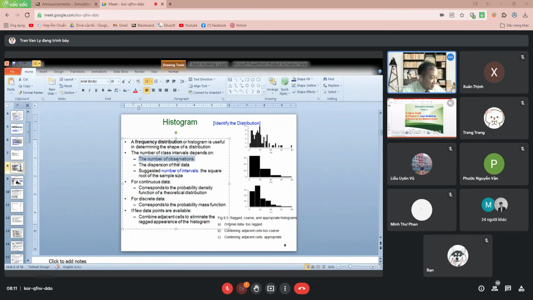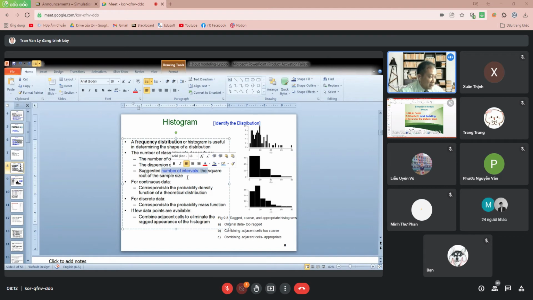And you see the dispersion. The more dispersed it is, the more variance it has, and the focus is on the mean. So you see the dispersion, and you choose the number of intervals.